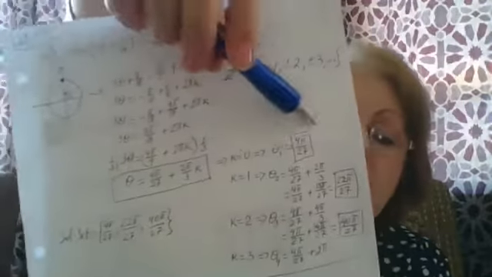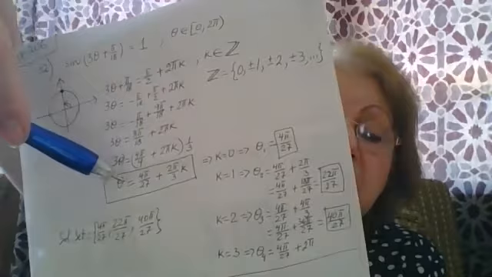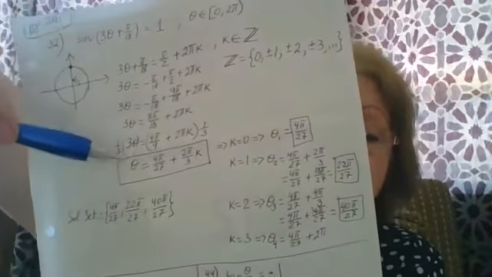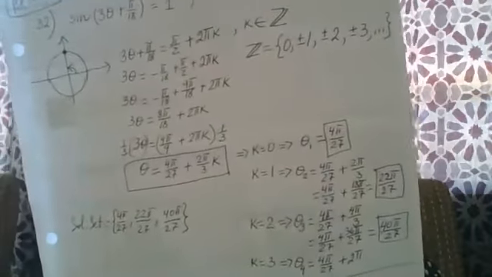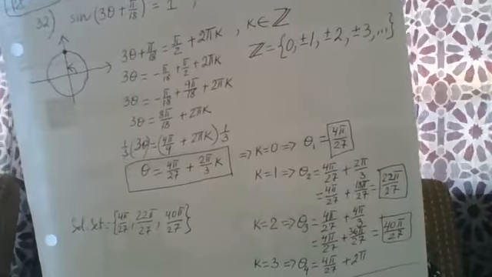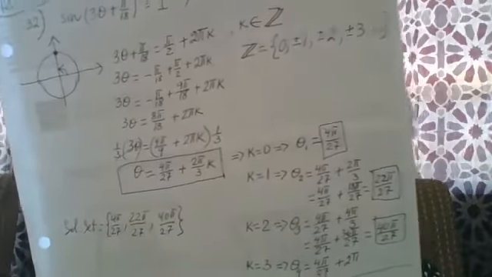This is very important because they are asking us to find a family of all possible solutions for that equation. If you remember, I boxed this expression for theta. This is the general formula for all the solutions of that equation.